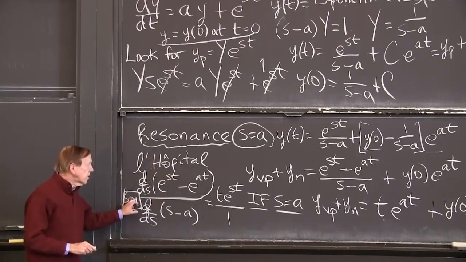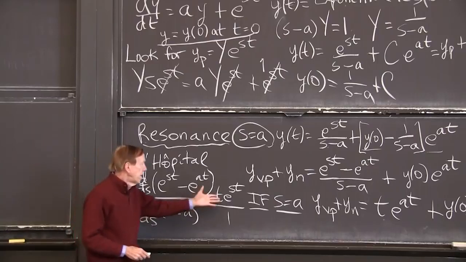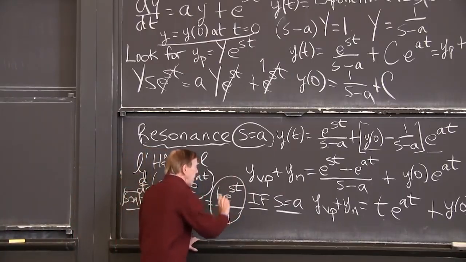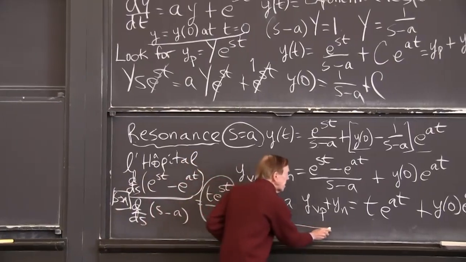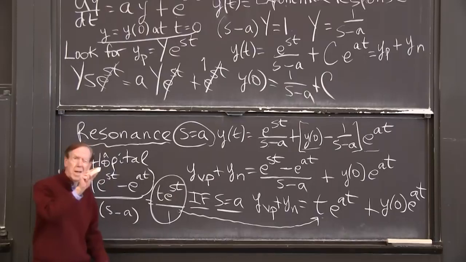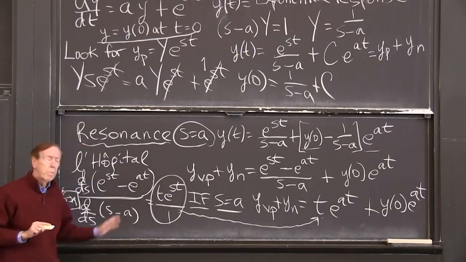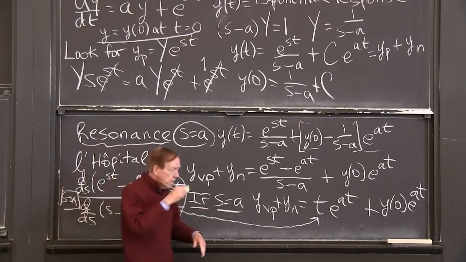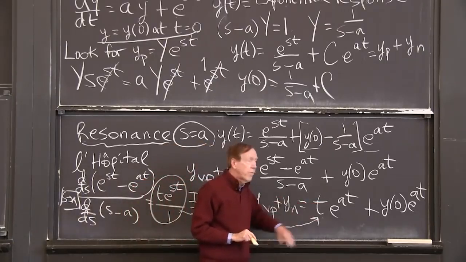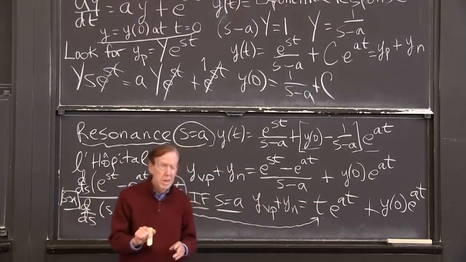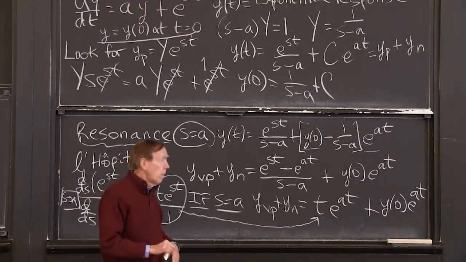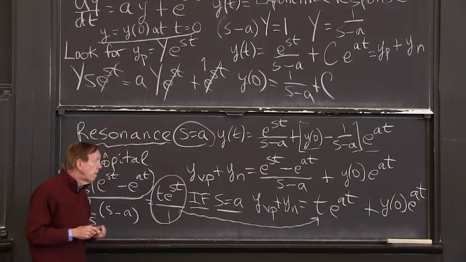And now I let s go to a. Well, it's easy to let s go to a now. This thing approaches that. I have the t e to the at in the limit. So L'Hopital's rule was the reason behind this formula for resonance. But again, I emphasize that you should expect a factor t when you have this resonance.